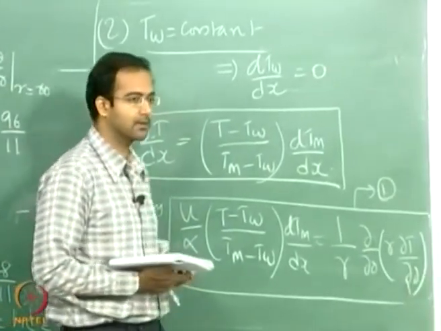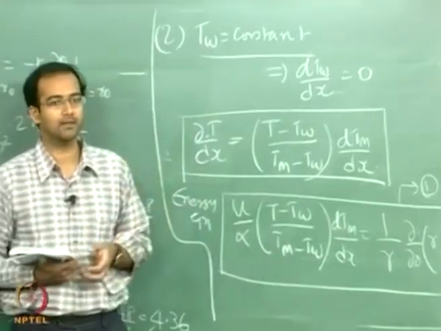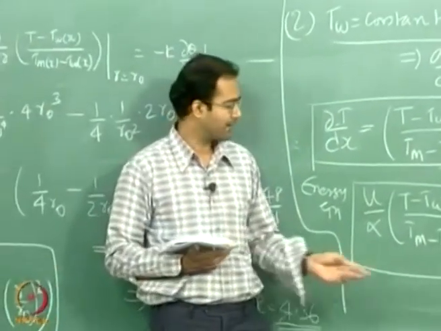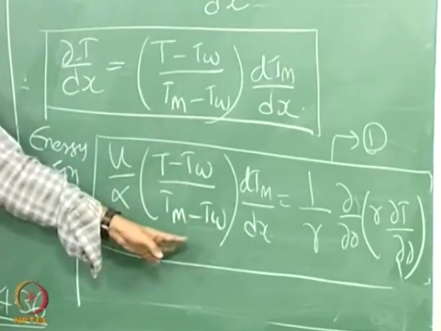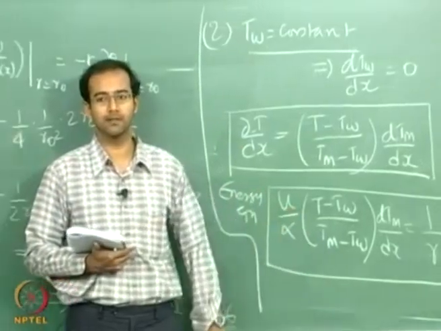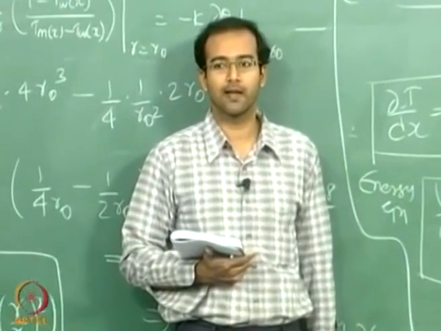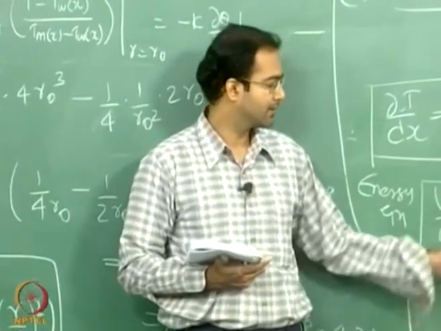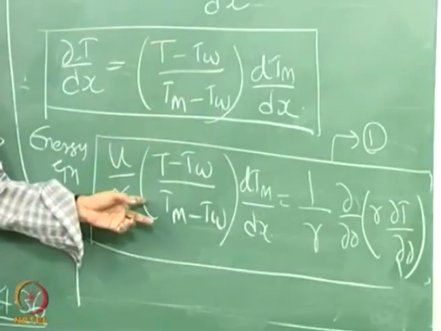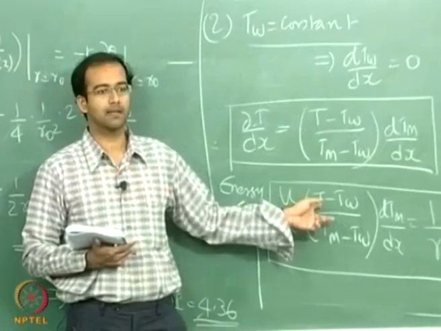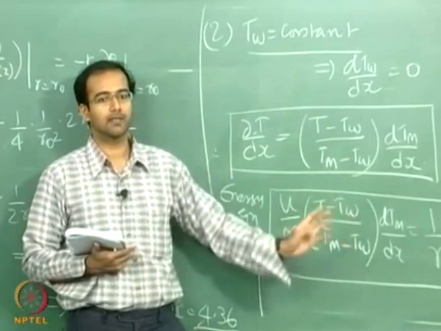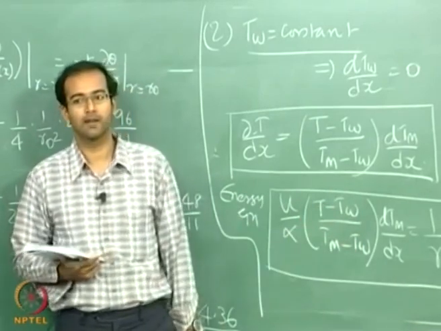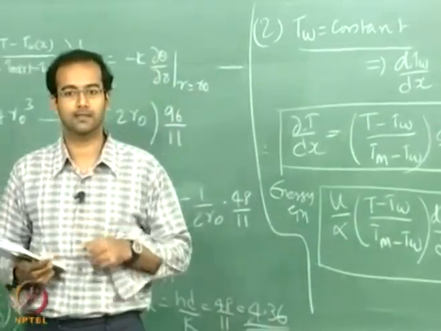Now the problem with this: earlier when you had constant heat flux, the left hand side was completely a constant, you had only dTm by dx, which again was a constant, therefore you could directly integrate it out. Now you have T minus T wall by Tm minus T wall. Now T is actually not a constant, so this entire expression cannot be solved analytically the way that we did in the last case.